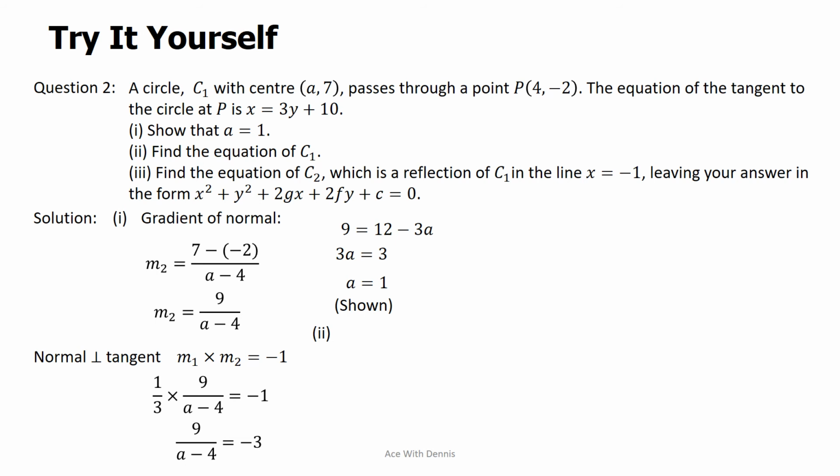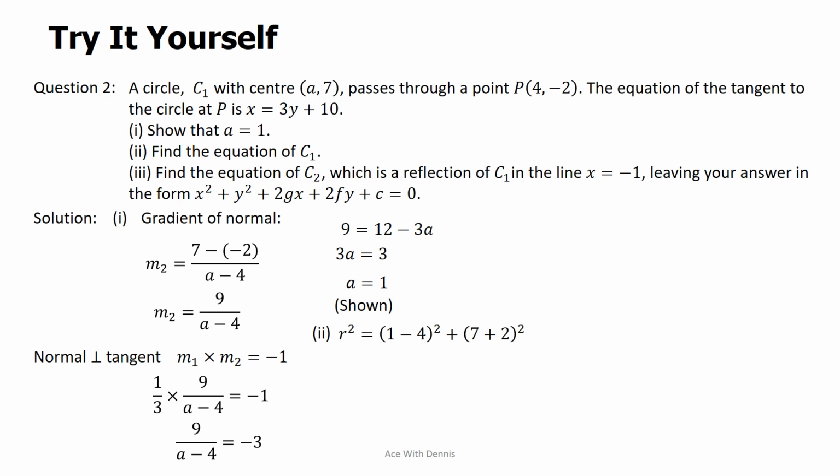2. To find the equation of circle C1, we already know that the coordinates of the center is (1, 7), as we have shown that a equals 1. Now I want to find the radius of the circle, which is r squared equals (1 minus 4) squared plus (7 plus 2) squared.